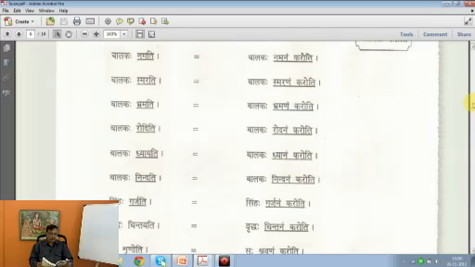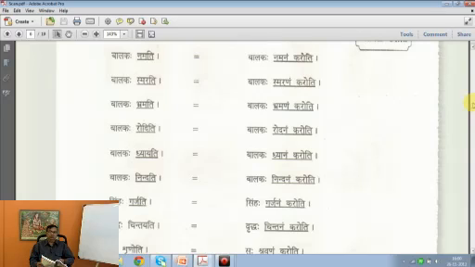Rud, to cry. Rodanam, crying. So gerund, verb converted into gerund form using ing. And then with the one verb you can see on this page, page 96, only one verb is used for all the actions.